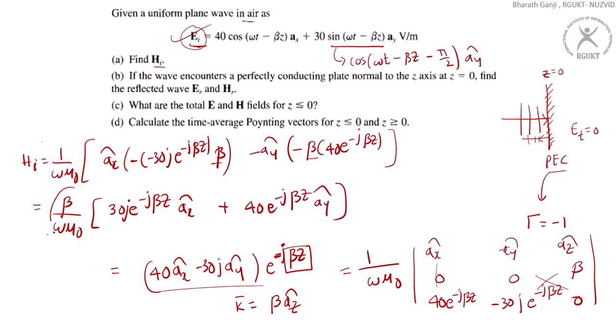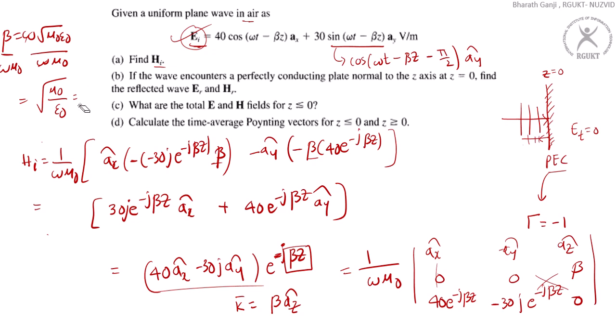Here, beta by omega mu naught: beta is nothing but omega times square root of mu naught into epsilon naught, and you divide it by omega mu naught. So omega cancels out, and mu naught cancels, you end up with square root of epsilon naught by mu naught, which is nothing but 1 by eta naught.